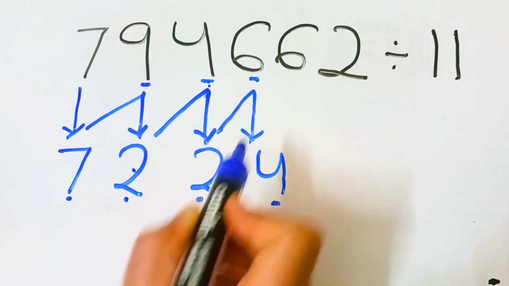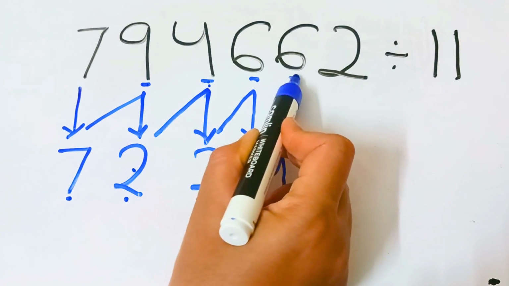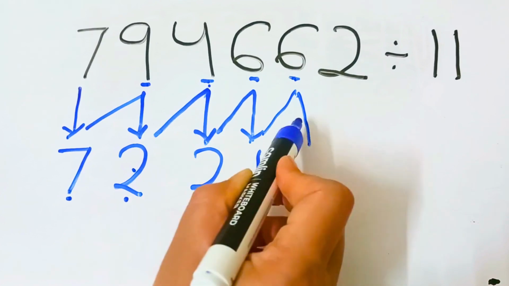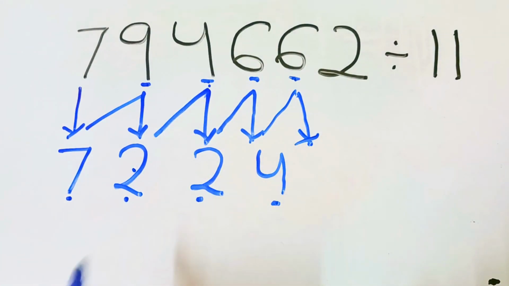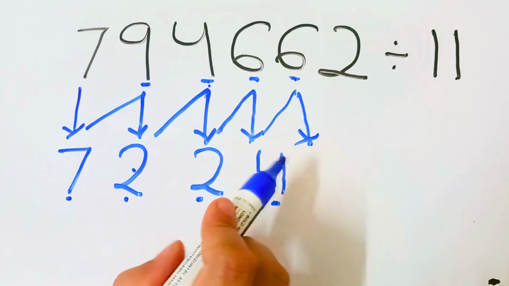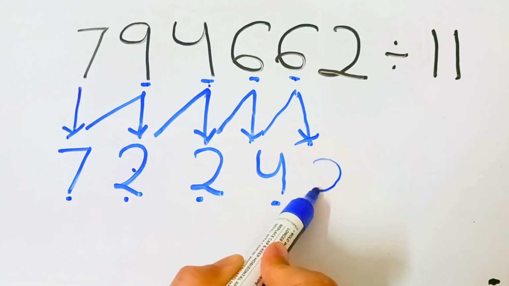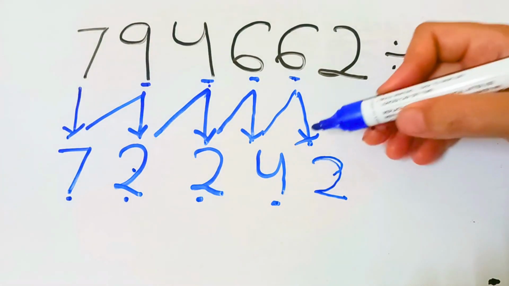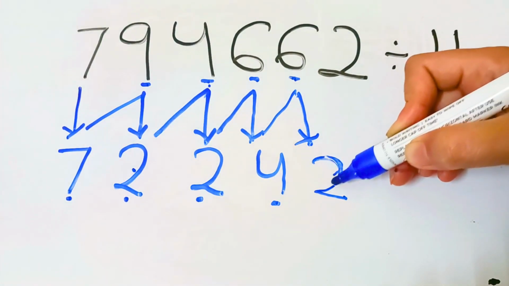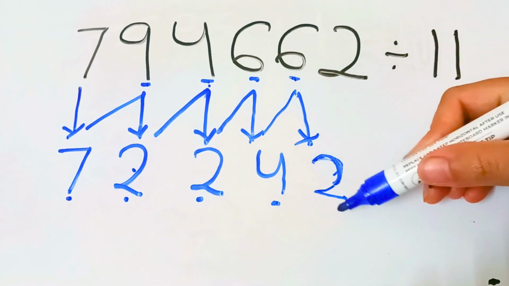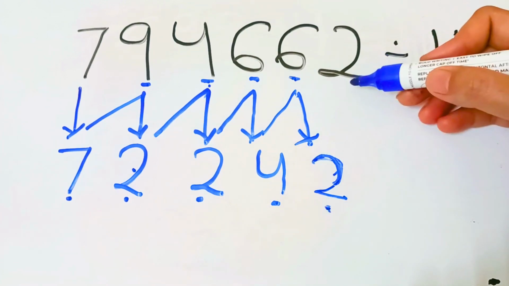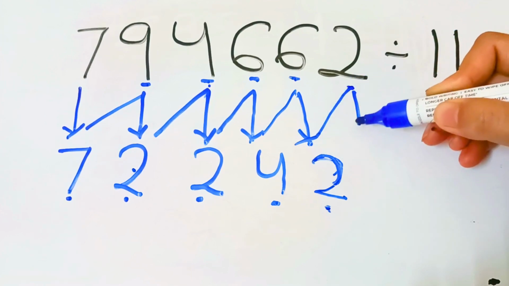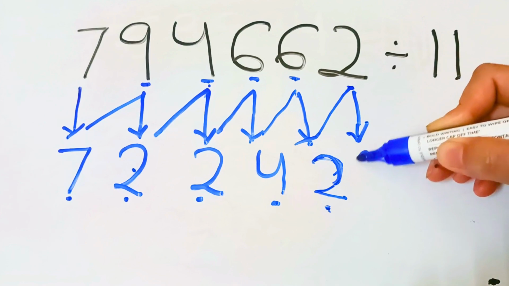Now subtract this 4 from the next number, that is 6. Same process that I explained earlier. 6 minus 4 is 2. Now subtract this number from this number, 2 minus 2 is 0. Write 0 here.